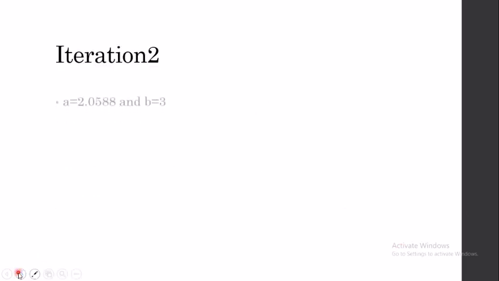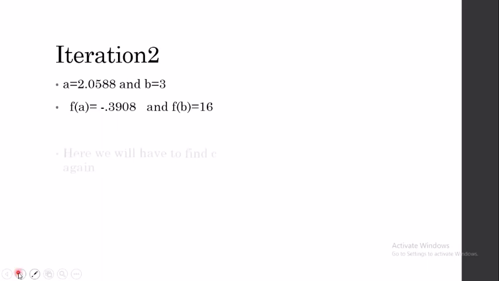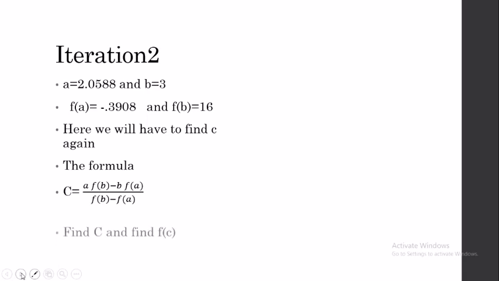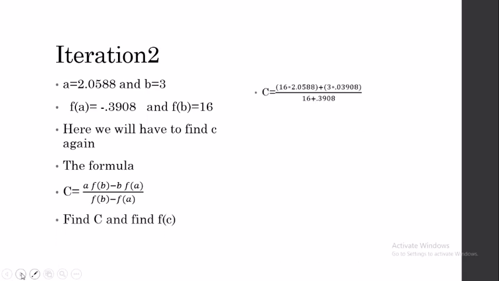So in the second iteration, a is equal to 2.0588 and b is equal to 3. Simultaneously f of a will automatically change. So f of a is equal to minus 0.03908 and f of b is equal to 16. There is no change in the value of b and f of b that you will have to note. Here again you will have to find c using the formula, and then find f of c.